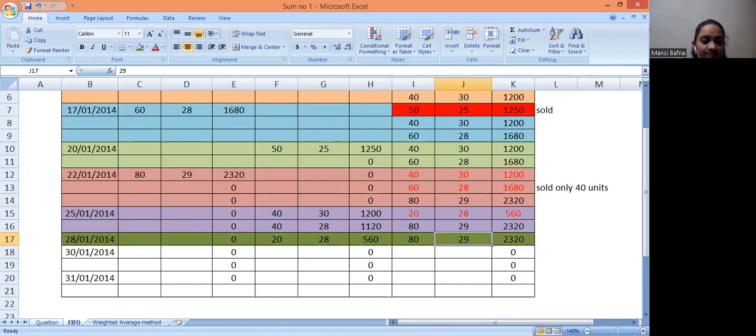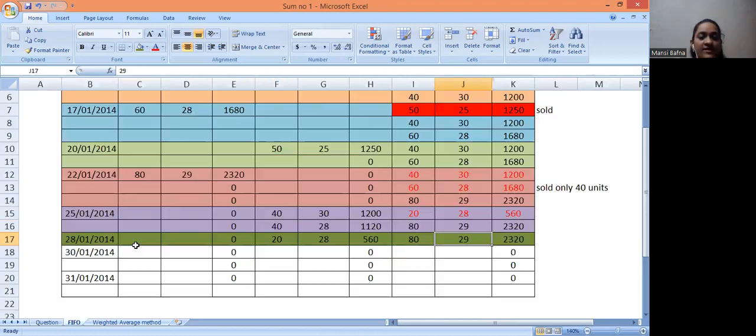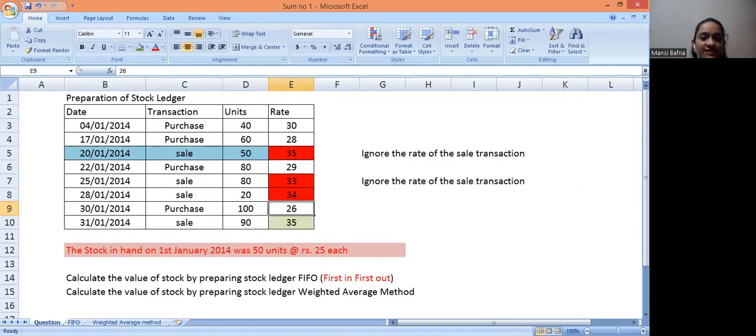Moving further, on 30th of January, again you have a purchase of 100 units at the rate rupees 26. So you will be recording it in the purchase. And just delete these zeros so you have no confusion. Purchase of 100 units at the rate rupees 26.